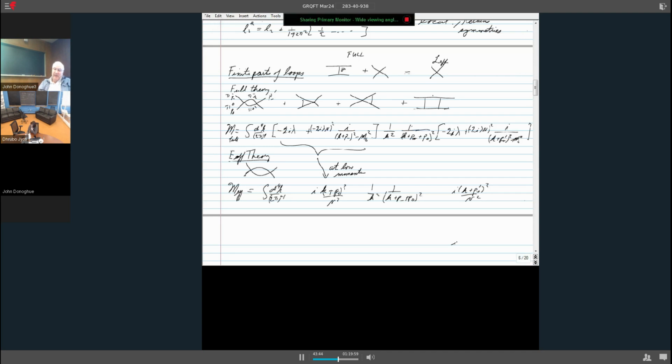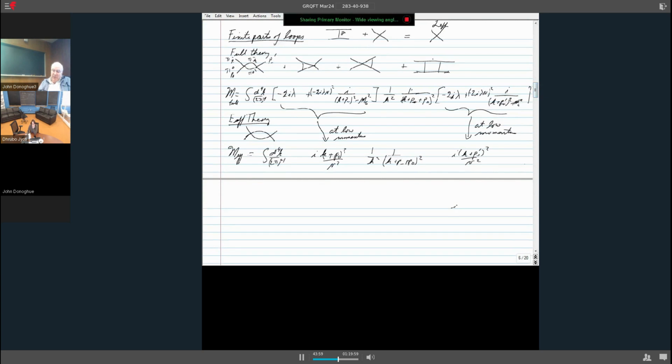But then the vertices are different. If I've got my factors right, it's p plus squared over v squared and i over k plus p plus prime squared over v squared.